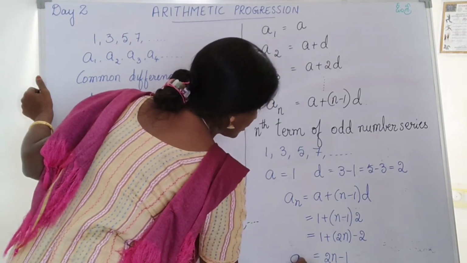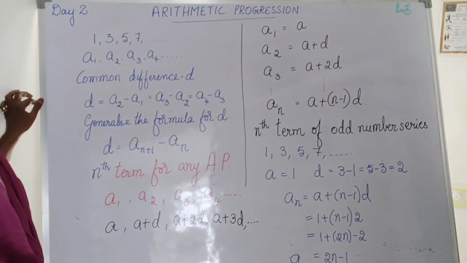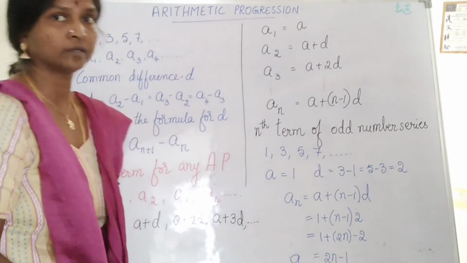So the nth term of the series that we considered here will be equal to 2n minus 1.